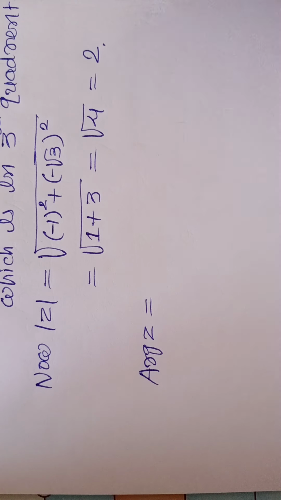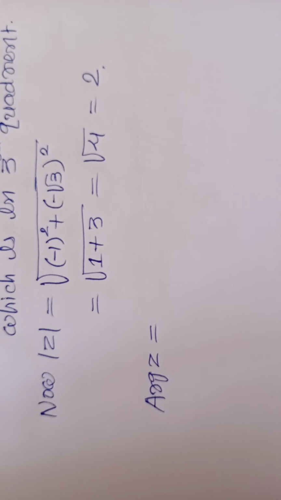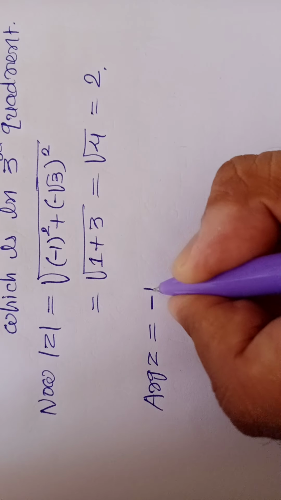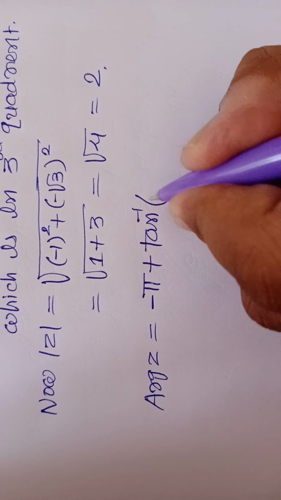And argument of z. Argument of z, or theta, in the third quadrant. You know the table. In the previous lecture we had already learned that table, and the table says that in the third quadrant the argument of z is minus pi plus tan inverse b by a.